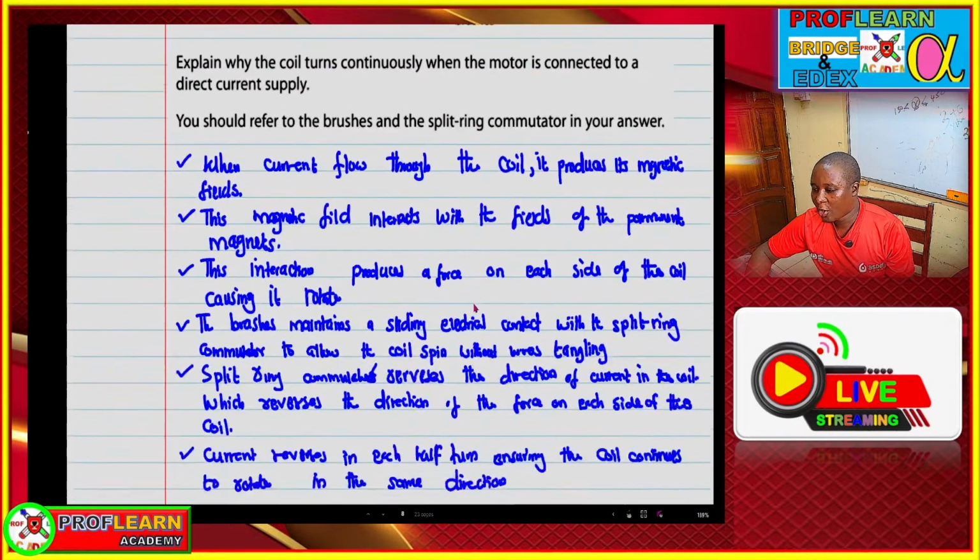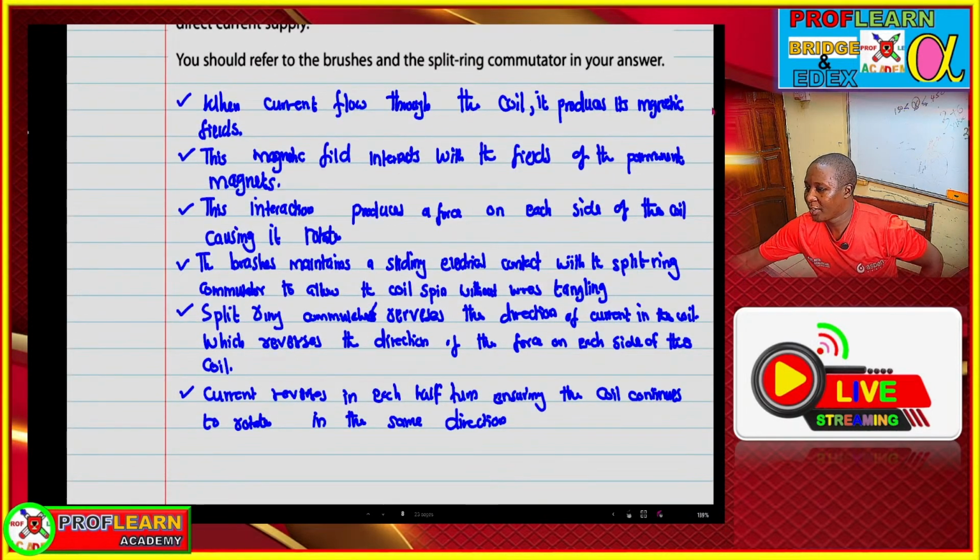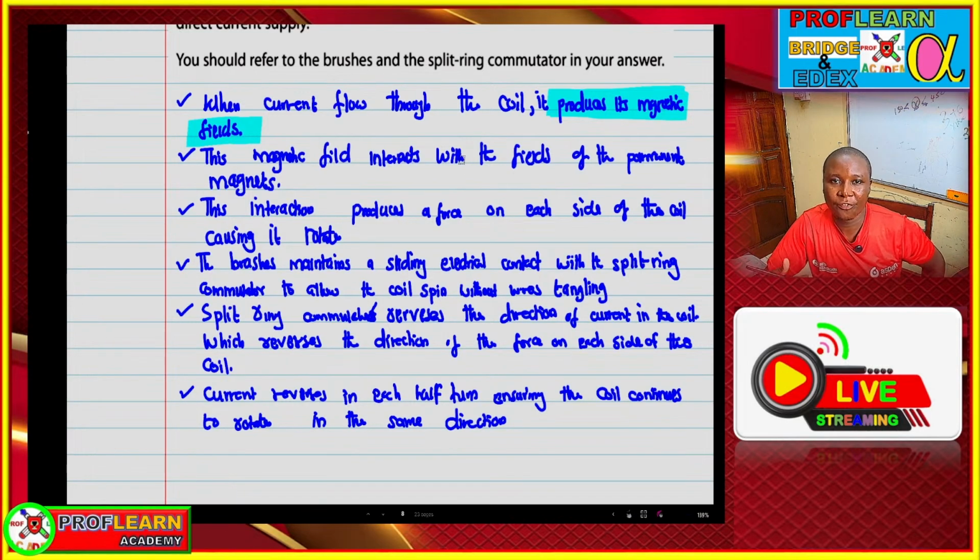Now let's see how you are supposed to respond to this. I started by saying when current flows through the coil, it produces magnetic fields. So when current flows through a coil or a conductor, magnetic fields are created around that conductor. These magnetic fields, which are created due to the flow of current, are going to interact with the fields of the permanent magnet, and this interaction is going to result in a rotational force.